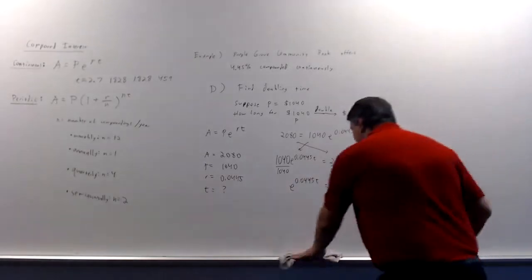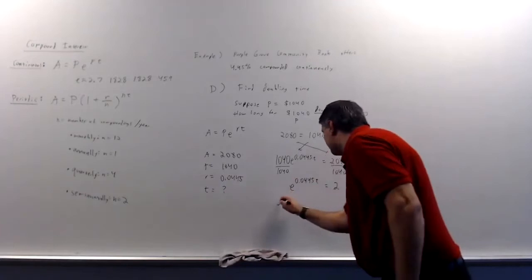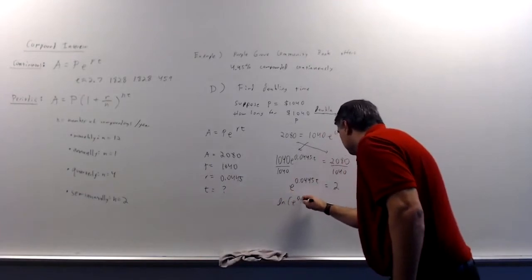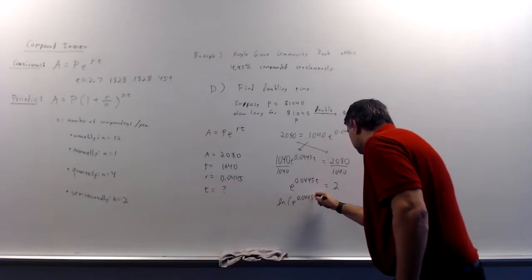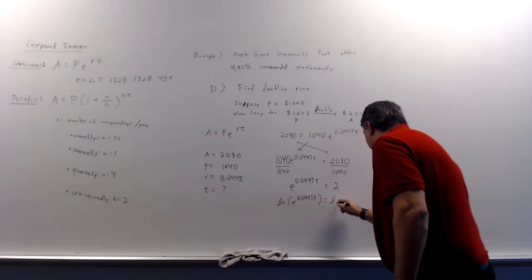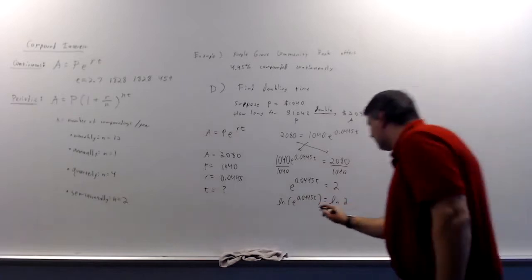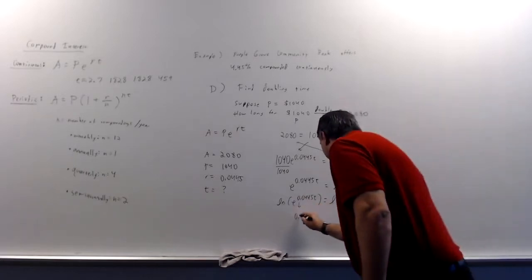It's base e, so we'll use a natural log, which is log base e. That takes that out of the exponent.